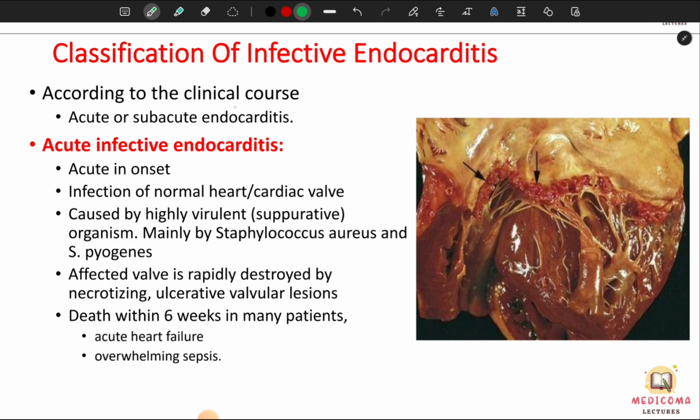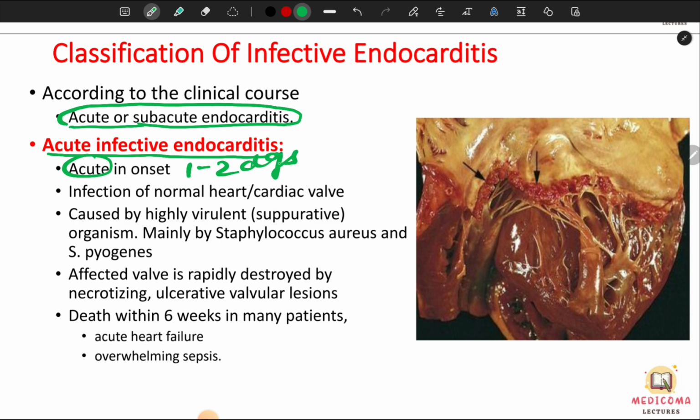According to the clinical course, it's acute or subacute endocarditis. So what are acute and subacute endocarditis? We just pick up a few important points. First of all, acute infective endocarditis. The onset is acute, like 1 to 2 days.